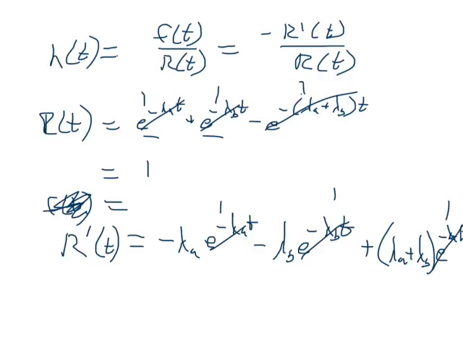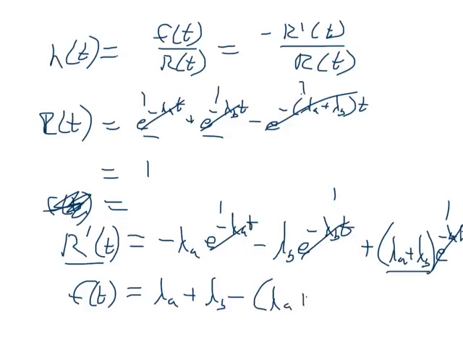So now I'm going to take the minus, because that was the negative of what we're actually looking for to put into our formula up here. It's minus the derivative. So what we're actually going to get for little f of t is the negative of that, so lambda a plus lambda b minus lambda a plus lambda b, and that's always going to equal 0.